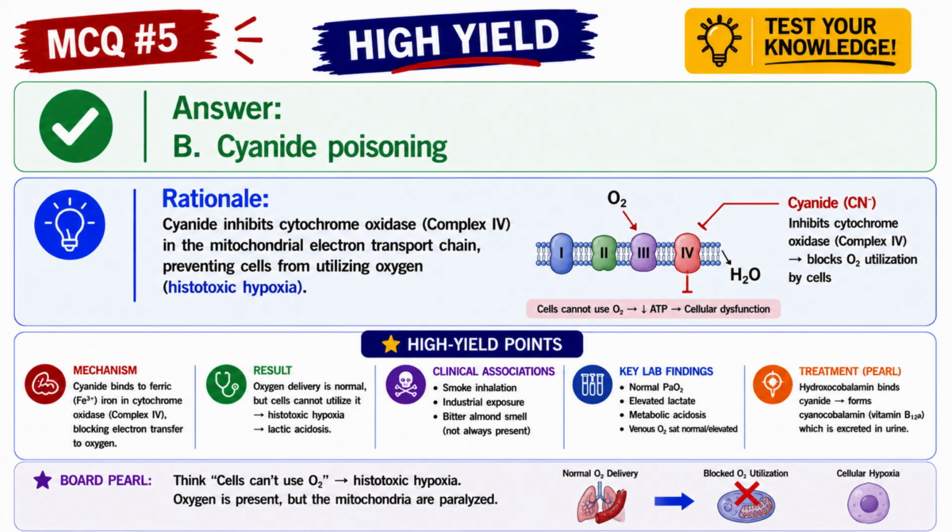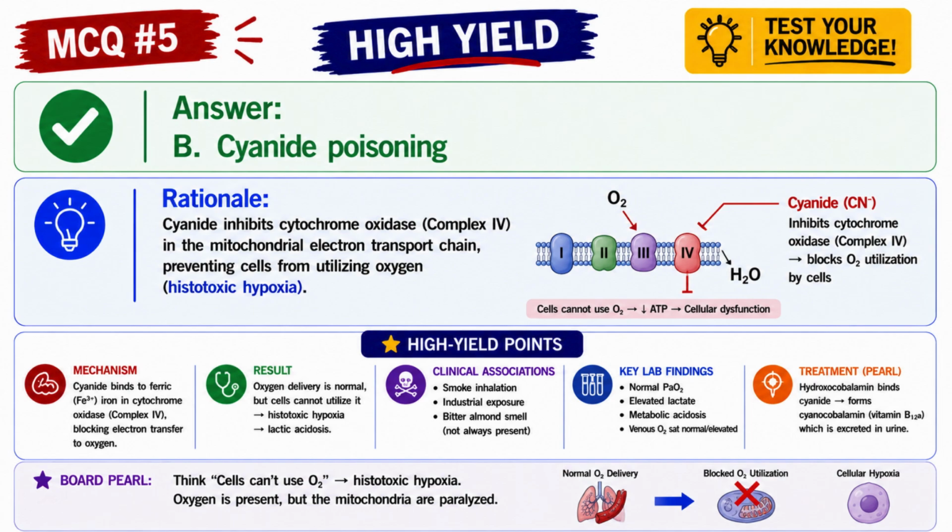Cyanide is completely different. Cyanide inhibits cytochrome C oxidase, complex 4 of the mitochondrial electron transport chain, the final enzyme in aerobic respiration. Oxygen delivery to the cells is completely normal. Oxygen arrives at the mitochondria normally, but the cells cannot use the oxygen.